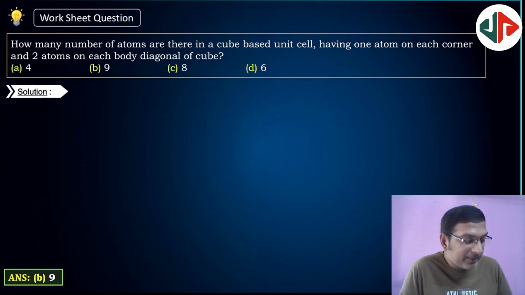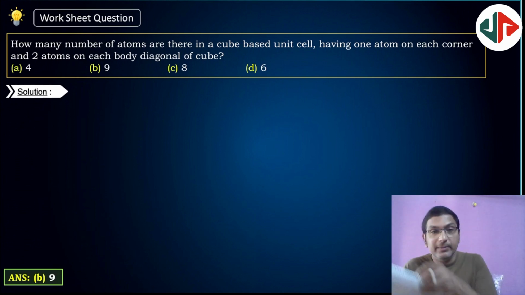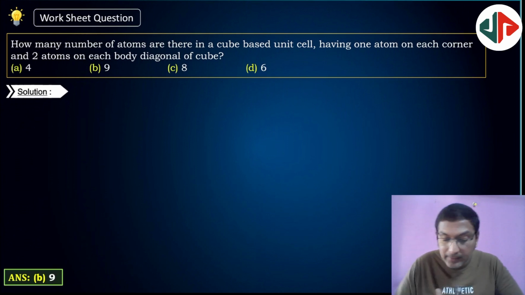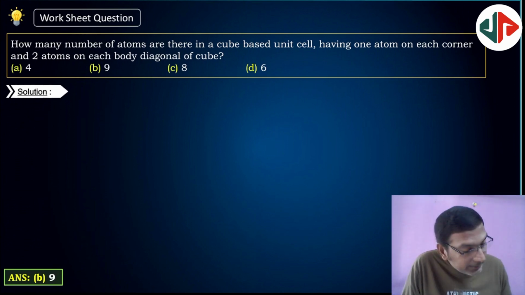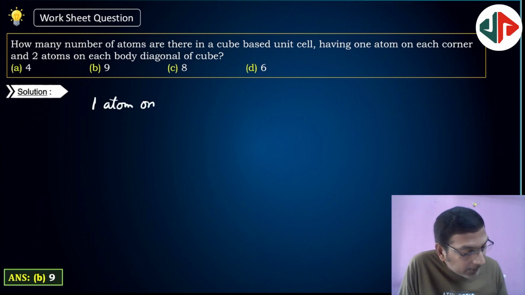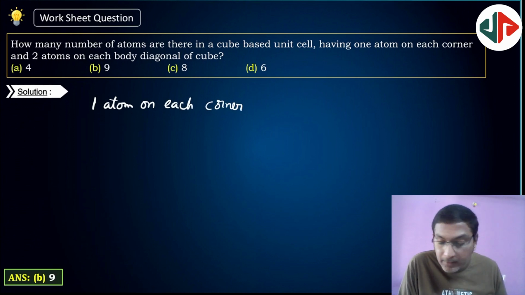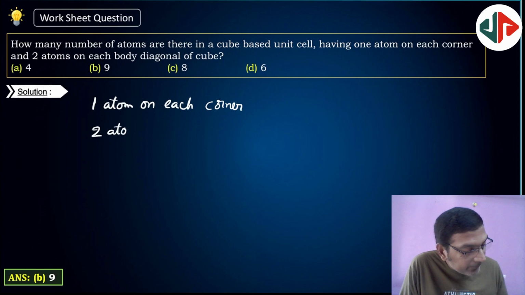How many number of atoms are there in cube based unit cell having one atom on each corner and two atoms on each body diagonal of cube? So this is very important. So here given, one atom on each corner, next, two atoms on each body diagonal.